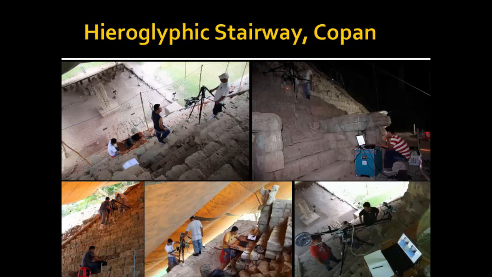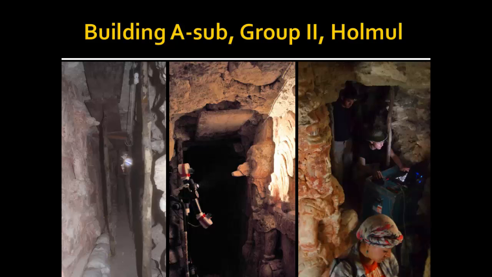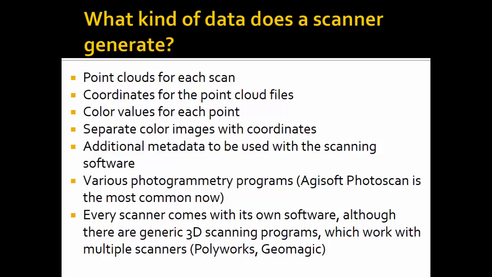And we also worked in places like archaeological tunnels, so documenting fragile stucco facades preserved within later buildings. So here we are at Holmul, but we also worked a lot at the site of Copan, documenting early classic building facades. So what kind of data does a scanner generate?